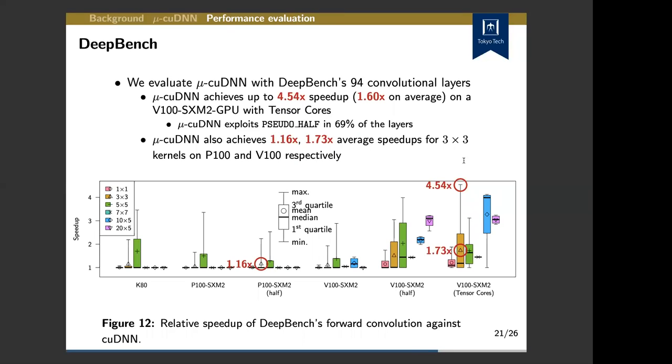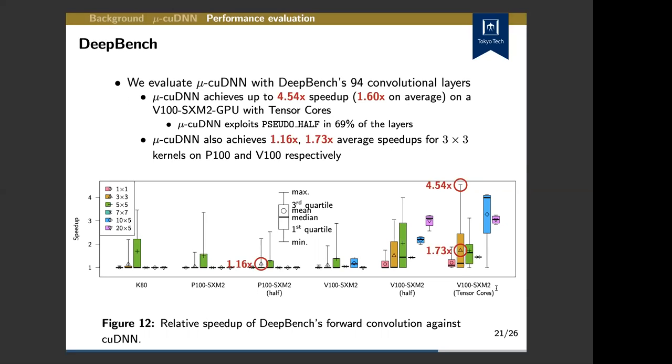Here I show relative speedups of DeepBench's convolutional layers against cuDNN on 3 different GPU generations from Kepler to Volta, and with different configurations, I mean single precision float and half precision with tensor cores. Here, microcuDNN achieves about 1.6 times on average on the latest GPU at that time, V100 GPU, even if tensor cores are used.